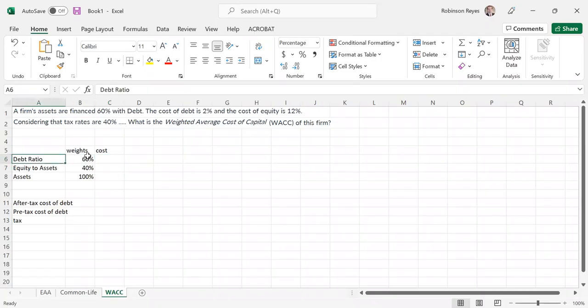Now, the cost we need when we look at debt: there is one advantage of money that is coming from debt, which is that we pay the interest expense to our creditors, but the interest expense is fully tax deductible.